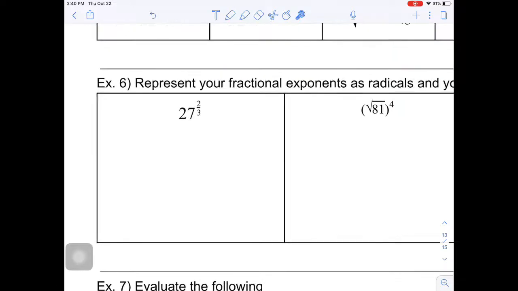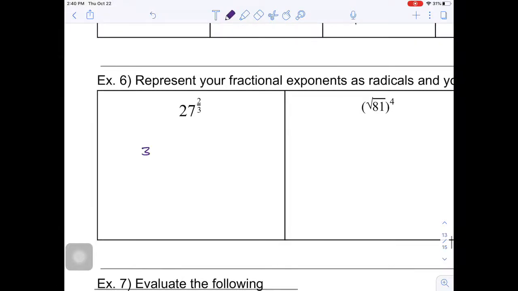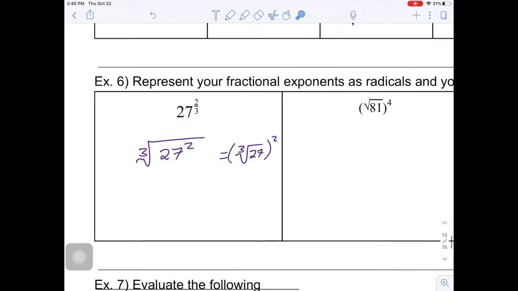So what's going to happen here is this will be the cube root of 27 squared. We could also represent this as the cube root of 27 and that whole expression squared. Okay, see how they look different, but they'll be the same answer. This one I cube root 27 first, this one I square 27 first. The obvious way to solve this would be cube rooting it first, because it's way easier than squaring 27.